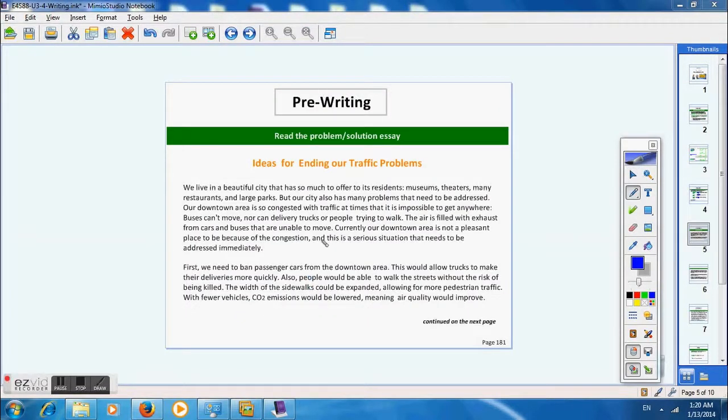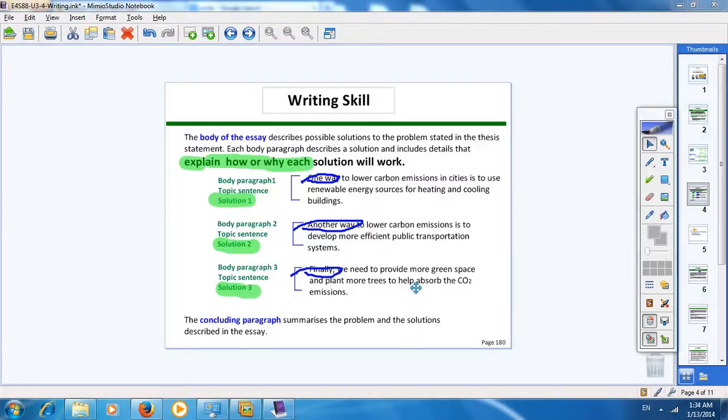Now read a sample of a problem solution essay. The title of this is Ideas for Ending Our Traffic Problems. What is the problem? Traffic. I just realized that we had a problem with this page a while ago. Okay, so let me show you the whole page that I played with.